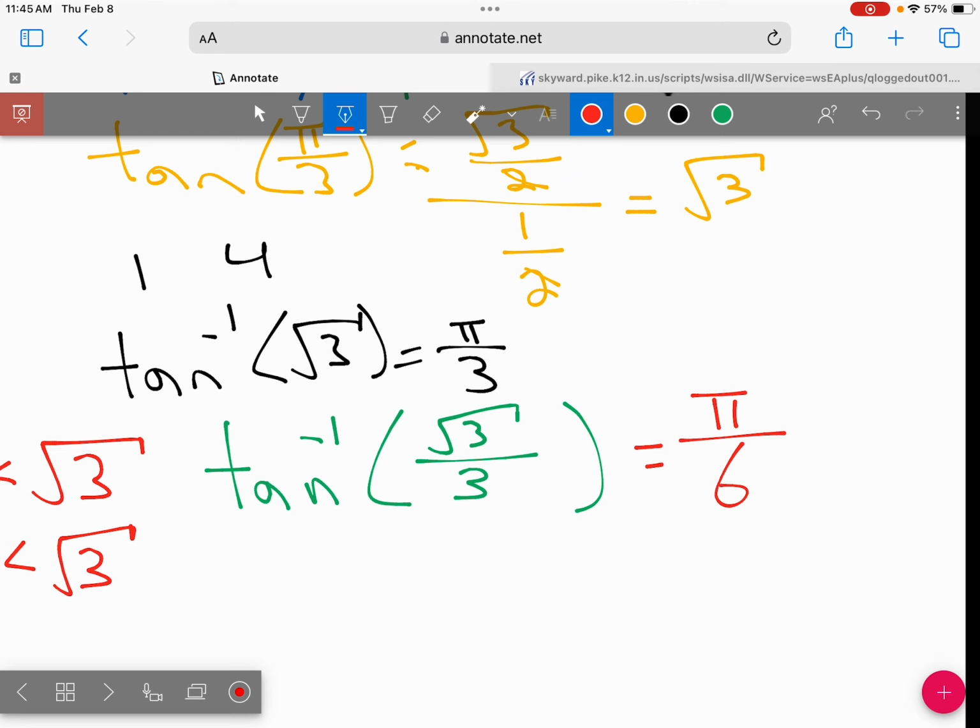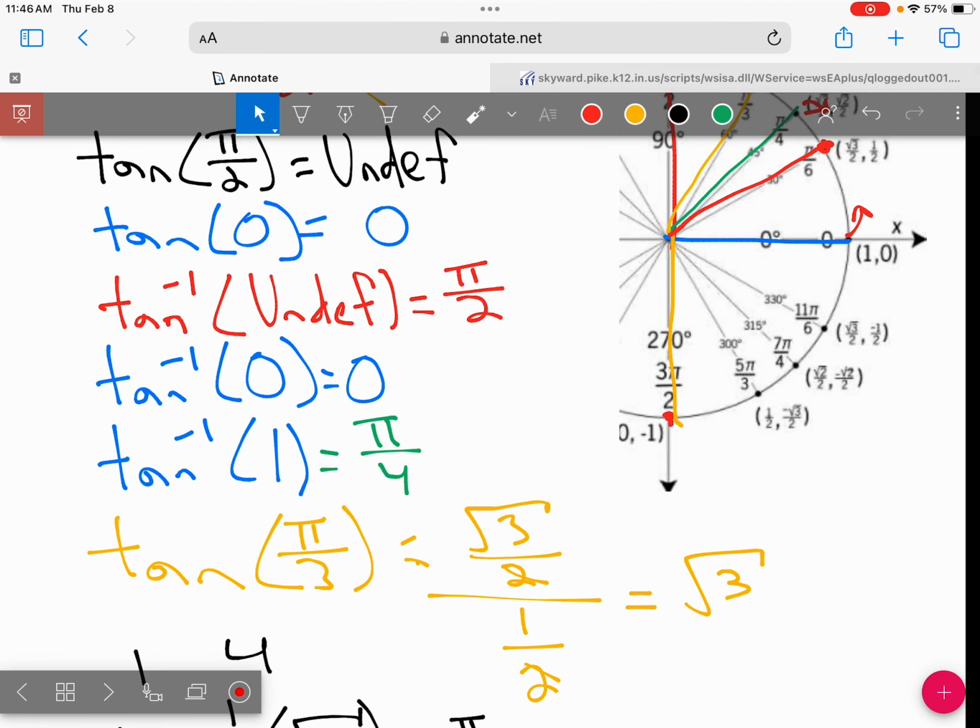If we were given a negative inverse tangent, we would follow the same kind of process, except we would be working in our negative quadrant. For example, if we got inverse tangent of negative root 3, first thing we would think to ourselves is, is negative root 3 greater than 0 or less than 0? Yep, so we're going to be in quadrant 4. We're going to be somewhere with a negative slope.